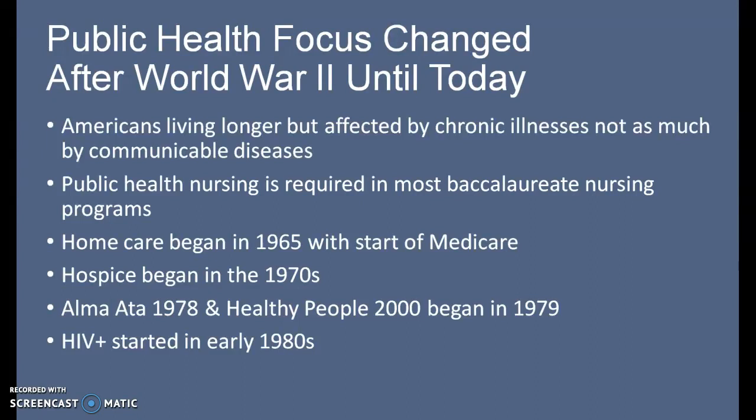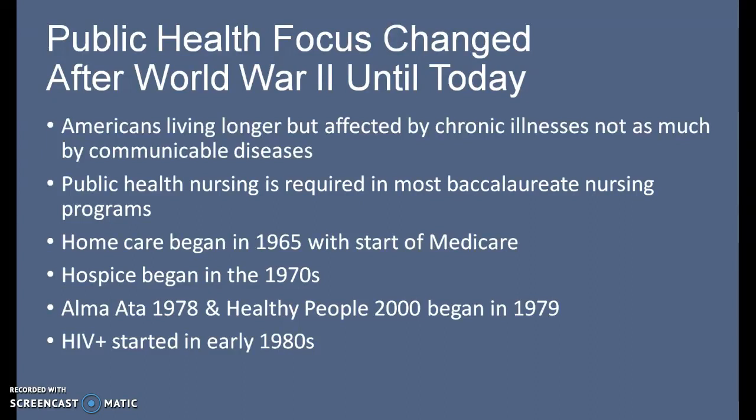We saw Alma Ata in 1978, and Healthy People, we talk about Healthy People 2020 now, but it really began as Healthy People 2000 in 1979 with President Carter and C. Everett Koop, who was the Surgeon General. And we see that we haven't met our goals yet, but we are working towards them.